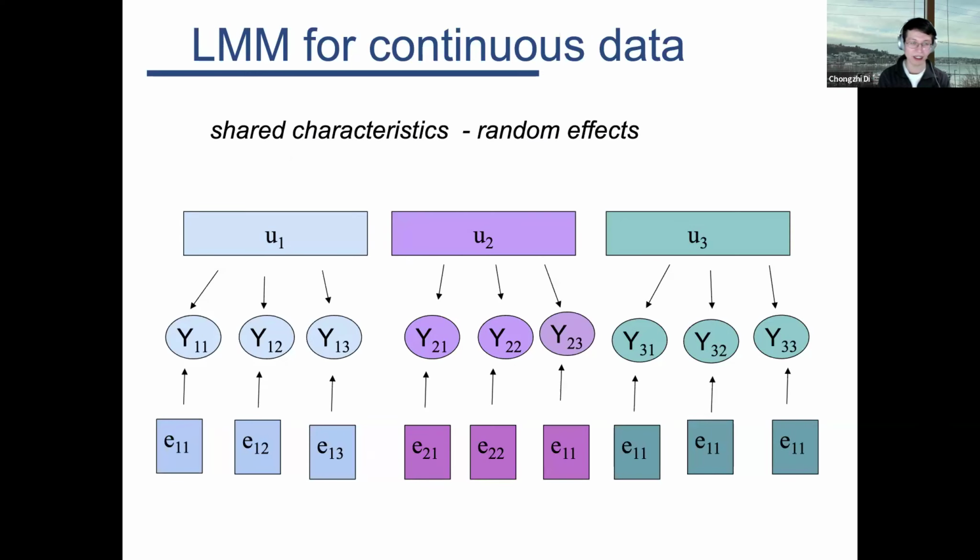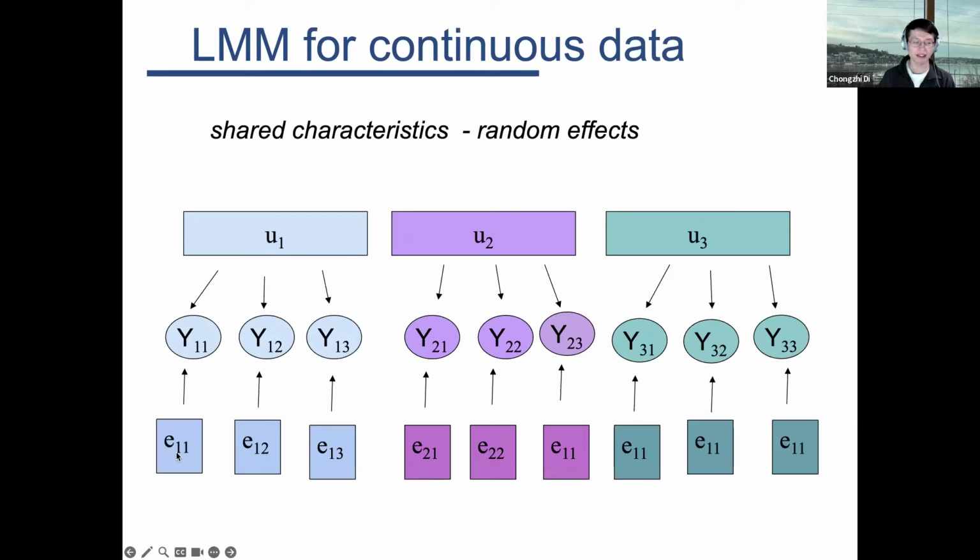That's why we want to introduce so-called random effects. In this example with three subjects, let's say there's some underlying characteristic of the first subject, U1, which is correlated with the measurement at each of the three visits. Of course, at each visit there will also be visit-specific deviations or random noise.